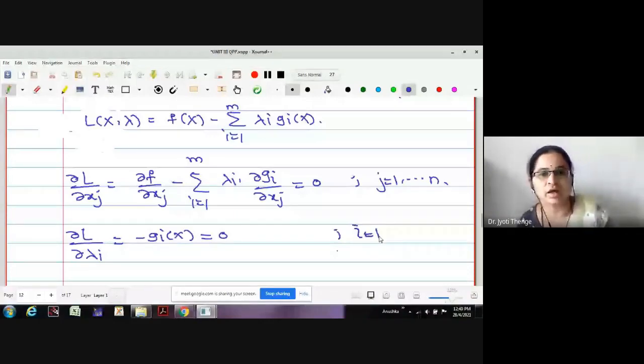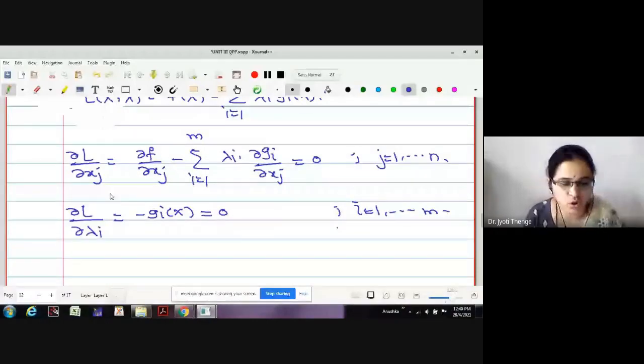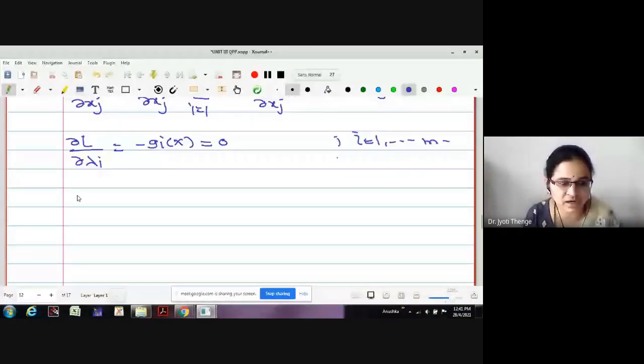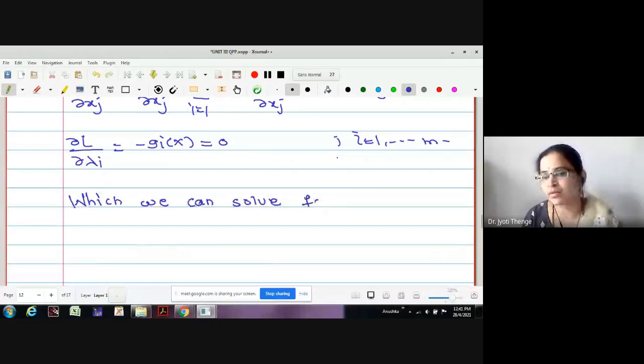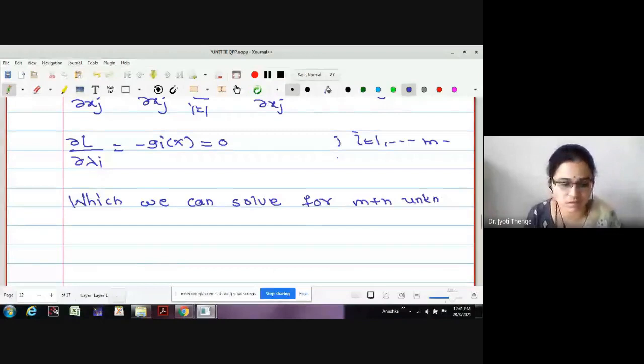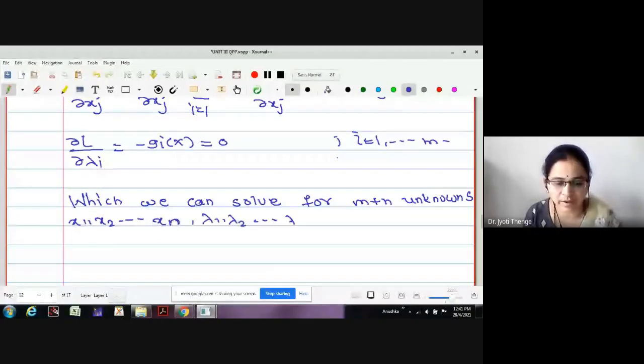For how many equations have we constructed in all? m plus n equations. And these are the necessary conditions for the optimization of the original objective function, which we can solve for m plus n unknowns. What are the m plus n unknowns? x1, x2 to xn and lambda 1, lambda 2 to lambda m.